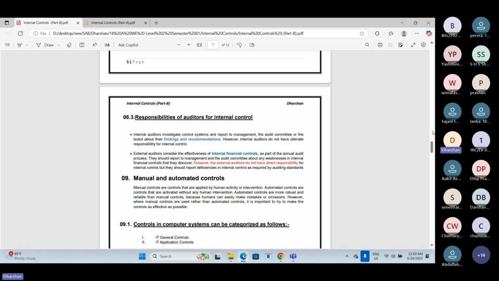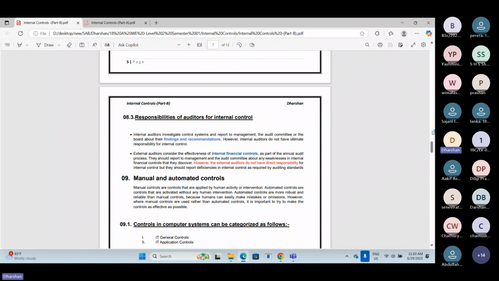So for the time being, just understand that only financial controls are considered by external auditors because their scope is only financial statement. For that purpose, they will consider only the financial controls. So external auditors will focus only on the financial controls while they are performing the external audit.